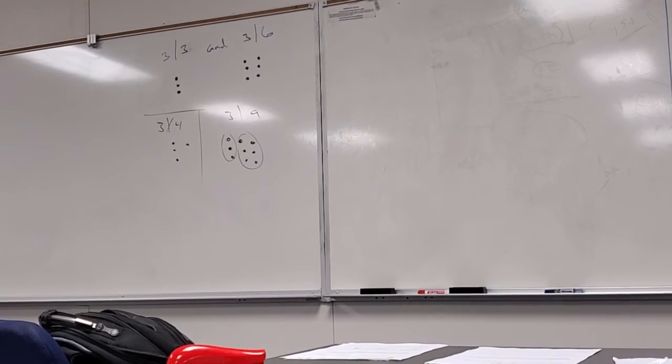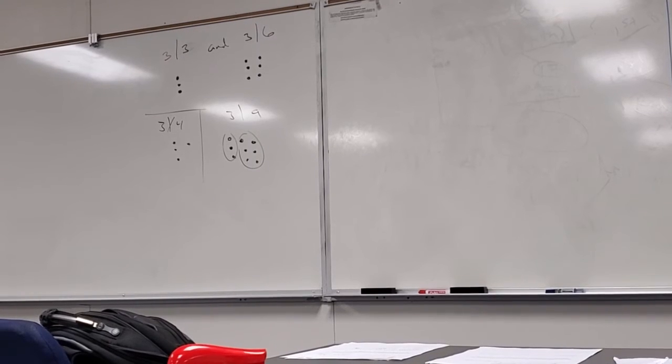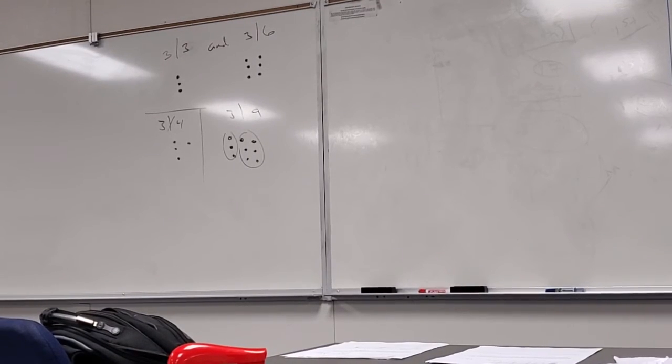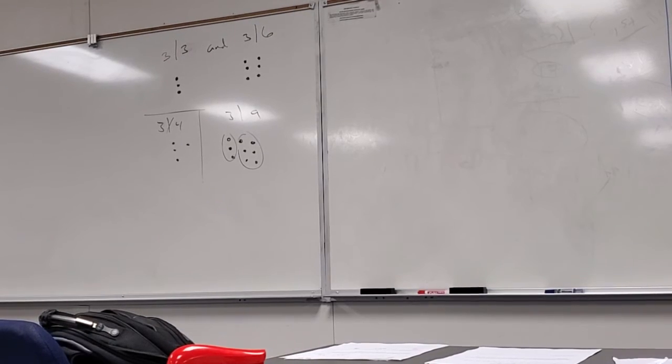Listen, I really want this to make all the sense in the world. Doesn't 4 go into 100? Yes. Therefore, 4 goes into 100 plus any multiple of 4, yes? If it goes into 100, it goes into 104. If it goes into 100, it goes into 200.